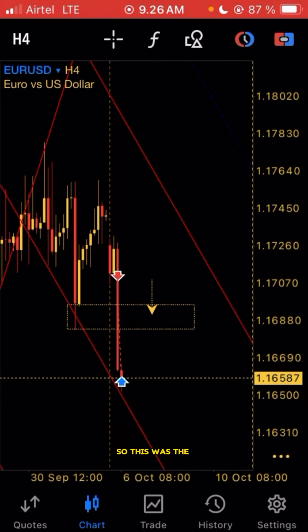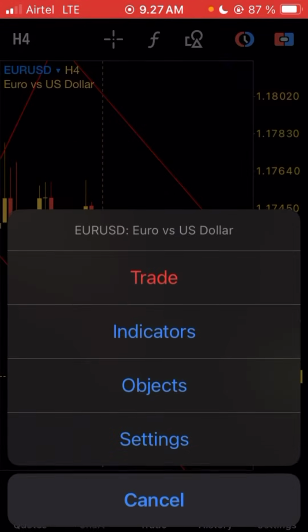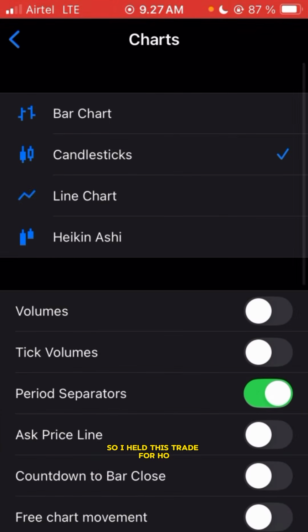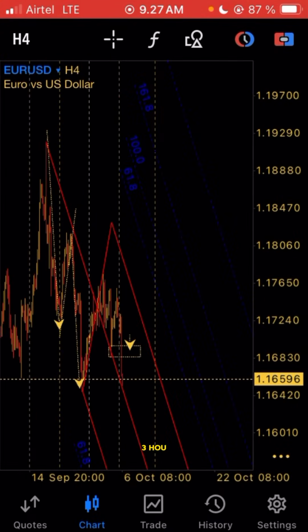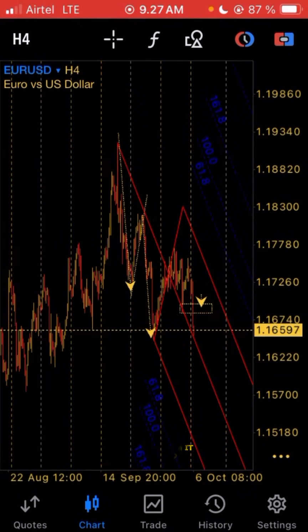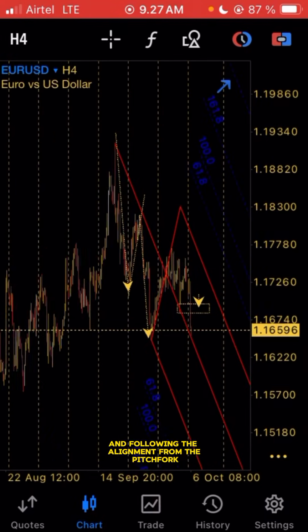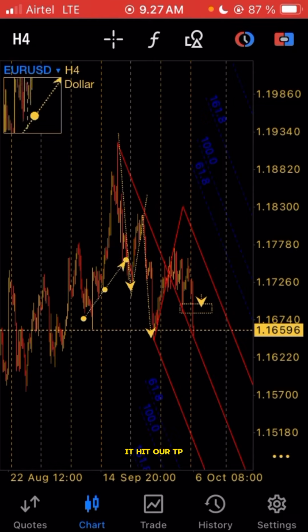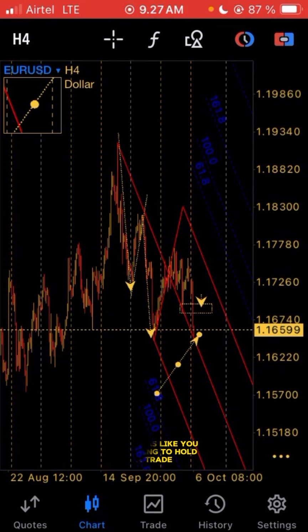So we actually traded one candlestick, if I'm not mistaken. This is H4. So I held this trade for hours though, approximately 2-3 hours, and it was good. Honestly, it was good. And following the alignment from the pitchfork, it hit our TP, and this is like you are trying to hold a trade.